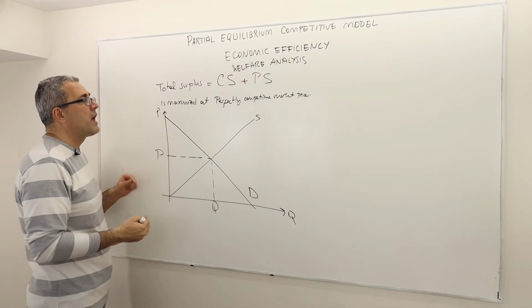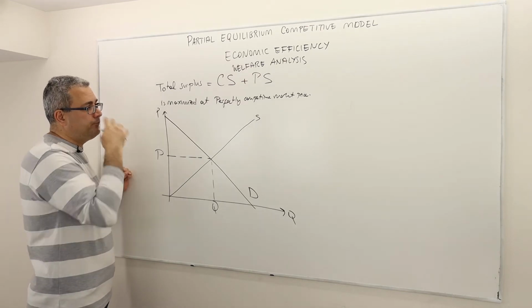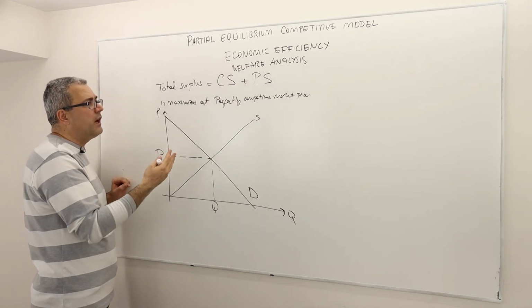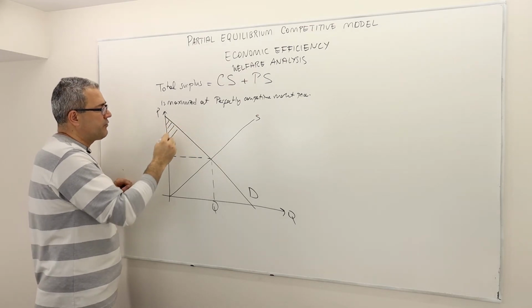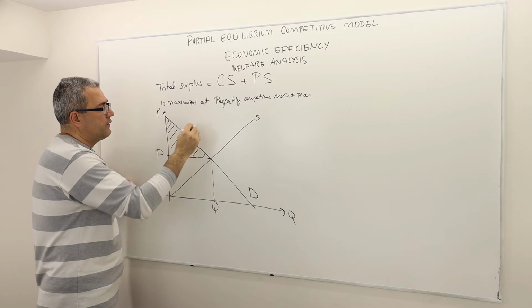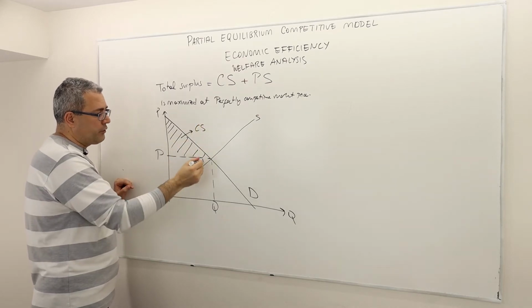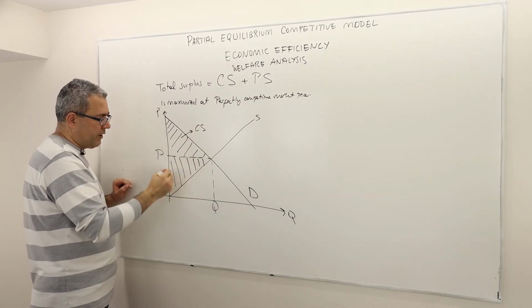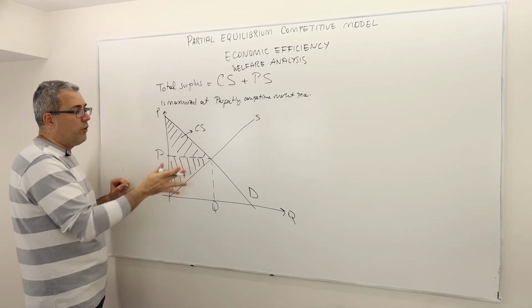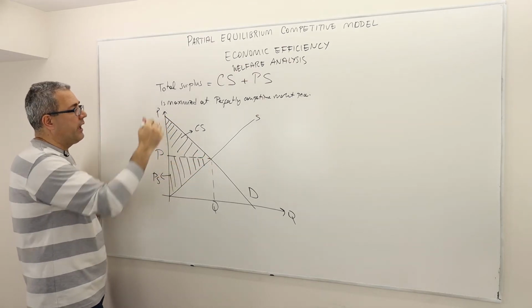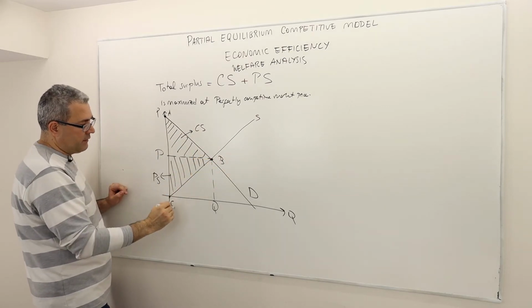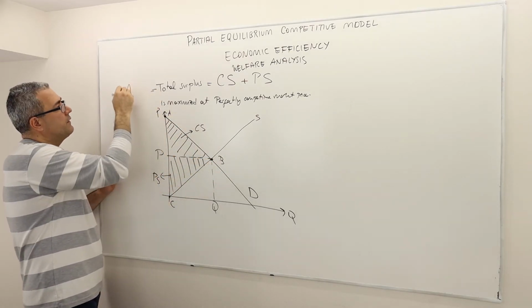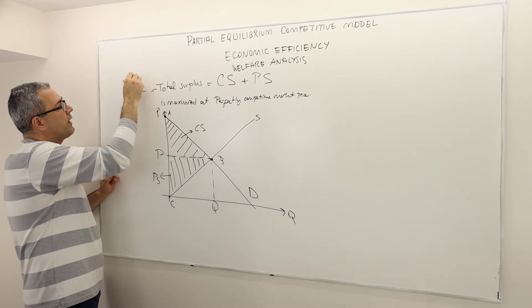And if you apply this idea, consumer surplus is basically this triangle, all right, this is consumer surplus, and the producer surplus is this lower triangle, and so the total surplus is this big triangle. This is A, this is B, this is C. So therefore, the total surplus is the ABC triangle.